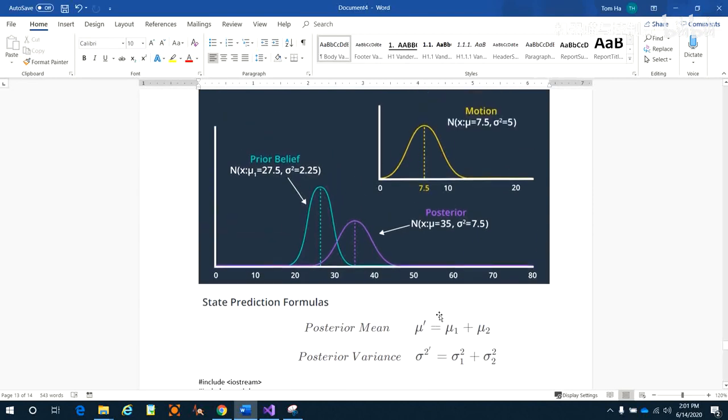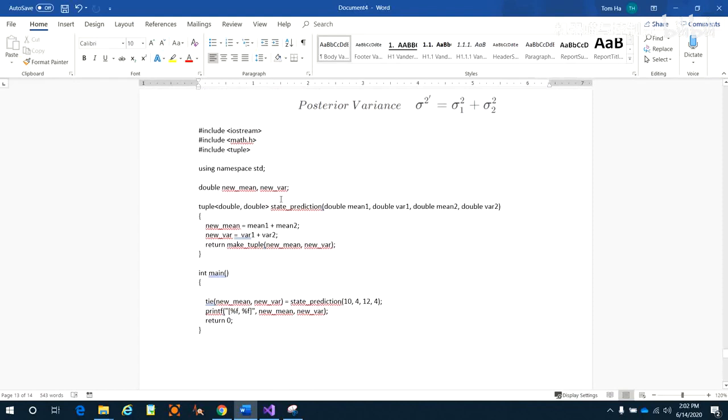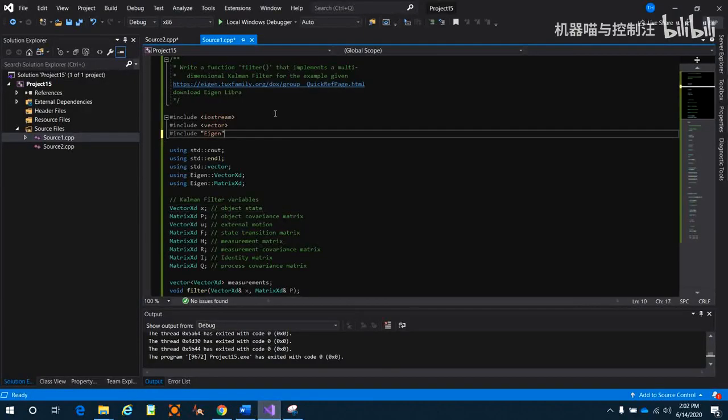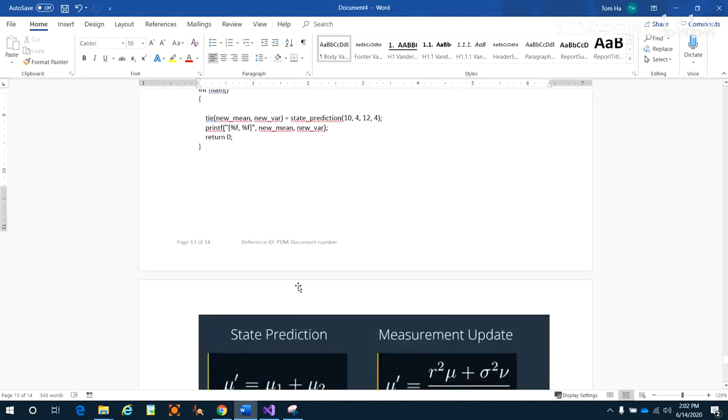You plug in mu and mu of the motion, and covariance and covariance of the motion, right? You get the result. You can map this based on the state prediction formula, and you can do the same thing in C++. You can copy this, go to C++ and do it. Okay, it's really easy. You can use tuple right here and write the new mean and new variance. It's easy and returns the value.